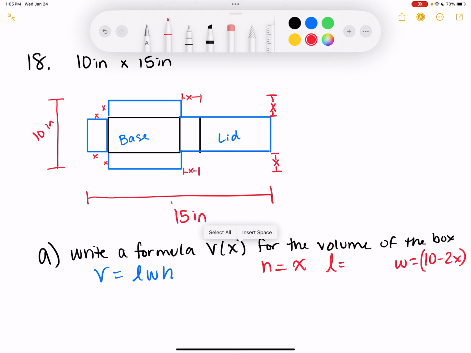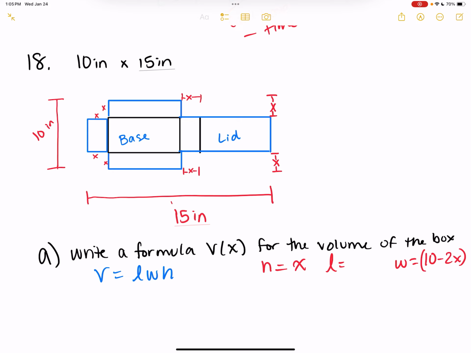So I would want to cut this piece in half to find that part. Half of that is 7.5. But I have to still take a chunk out because I have cut an X out, so I've got to subtract off an X.